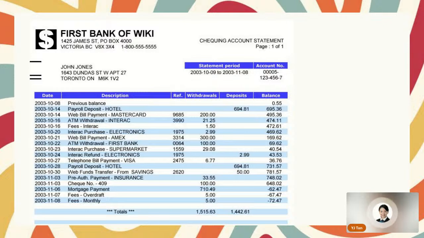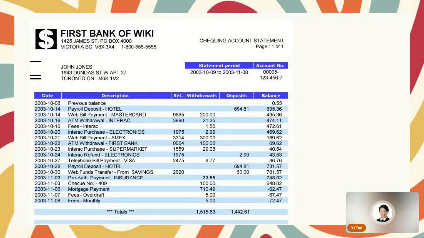So it increased the balance in the rightmost balance column. And then John paid some bill of 200 on the 14th. On the 16th, also a cash withdrawal of 21 and 25 cents.